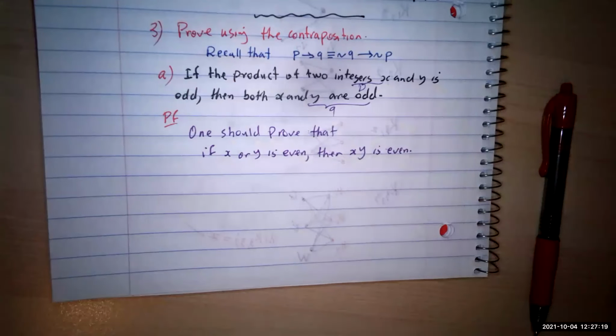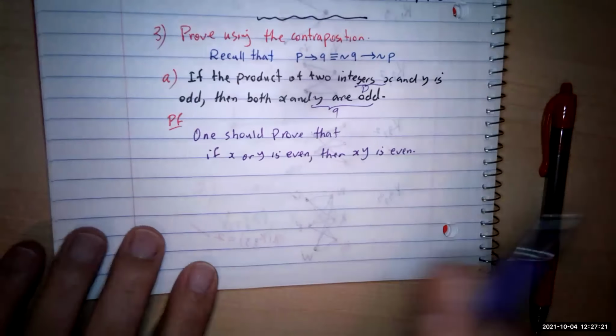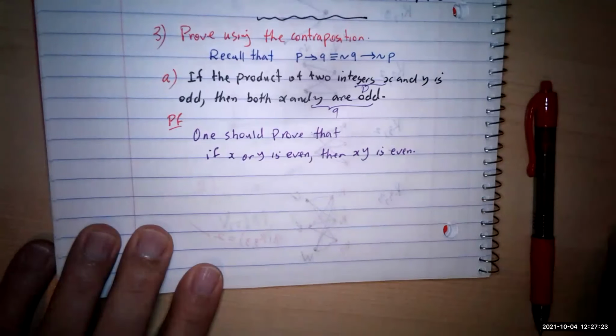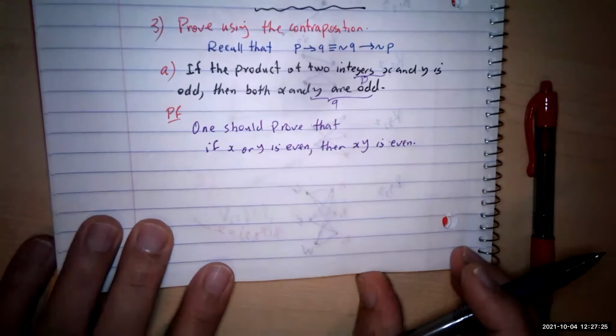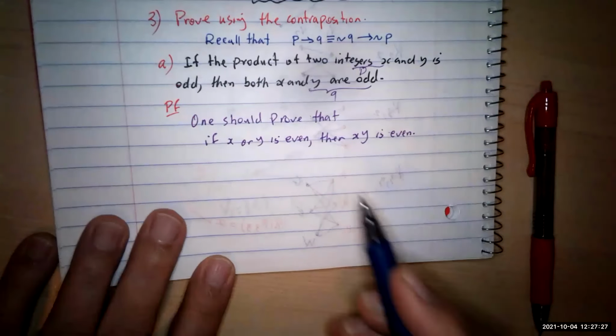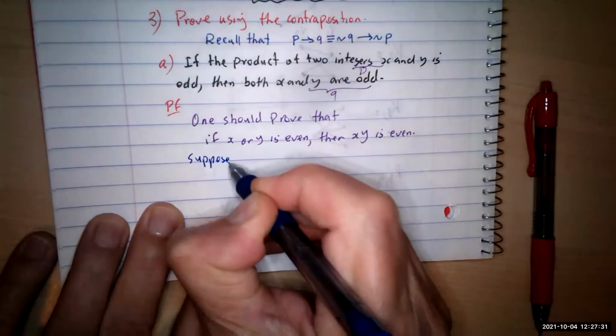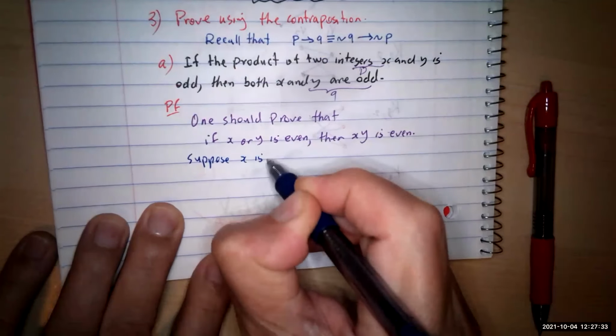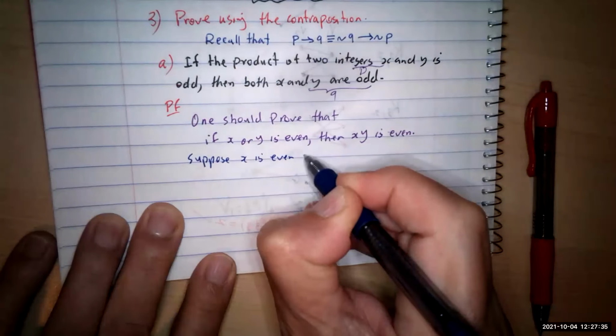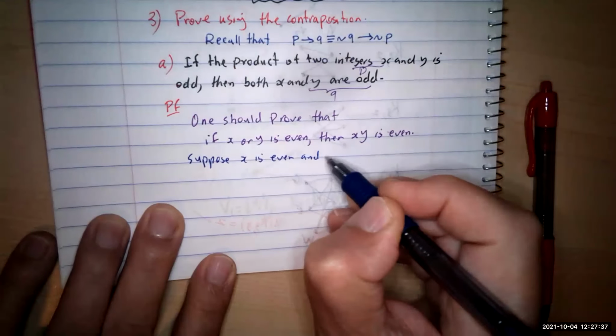Any question? So start with this one. Suppose one of them is even and the other is odd, write the definition, and then you're done. I suppose x is even and y is odd.